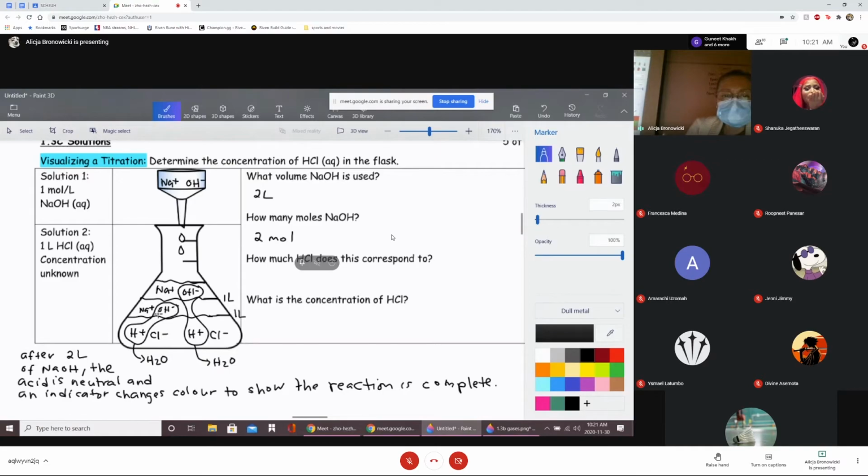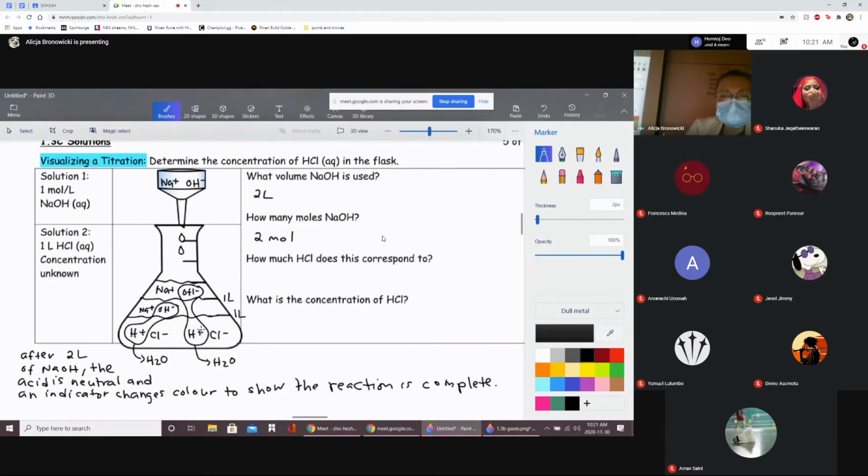So in total, I've neutralized 2 moles of HCl. So what is my concentration of hydrochloric acid? Well, I neutralized 2 moles, so there must have been 2 moles of acid per liter.